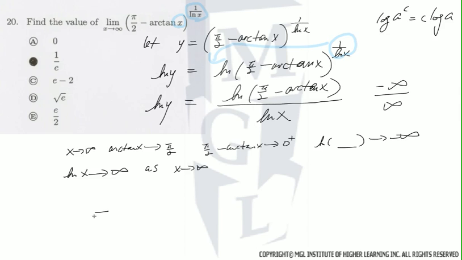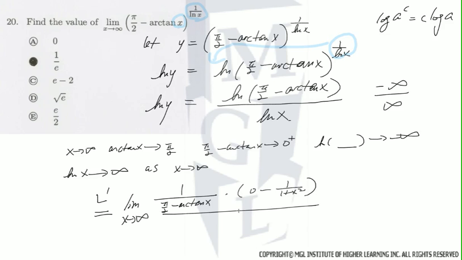So that right there, using L'Hopital's rule, is equal to, when we're doing limit, the following. Differentiate the top and we get 0 minus 1 over 1 plus x squared on the top. And at the bottom, you just get 1 over x.